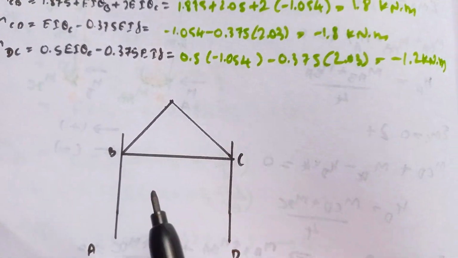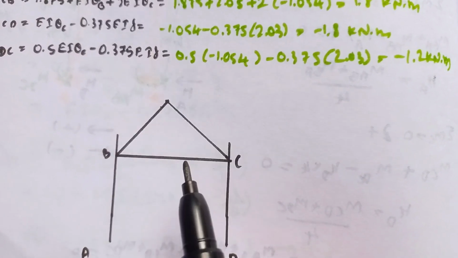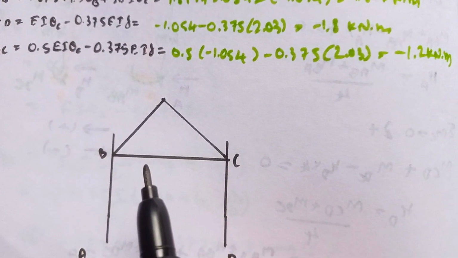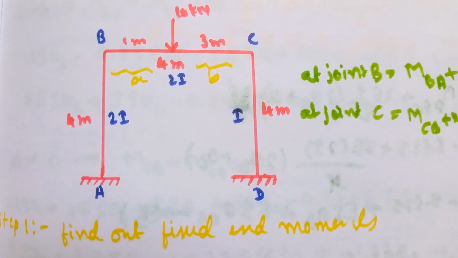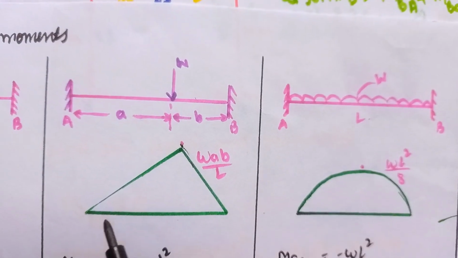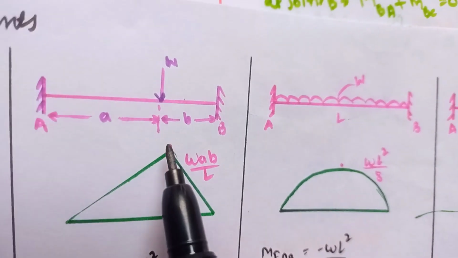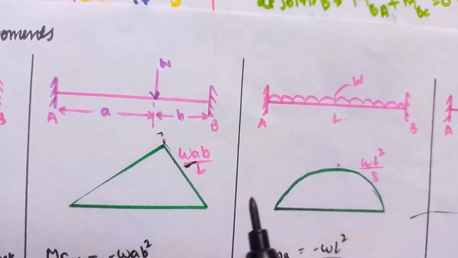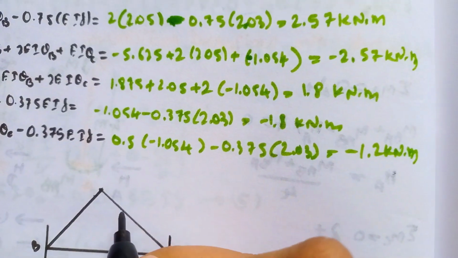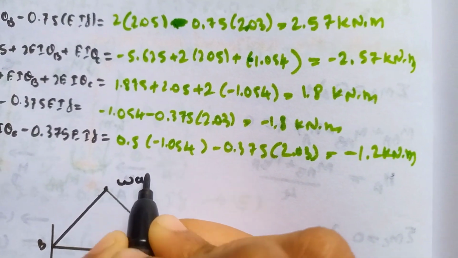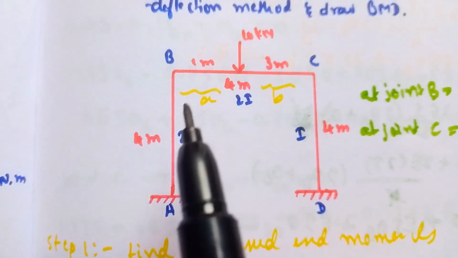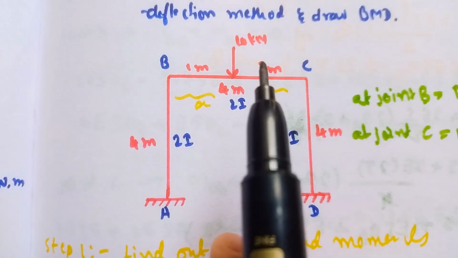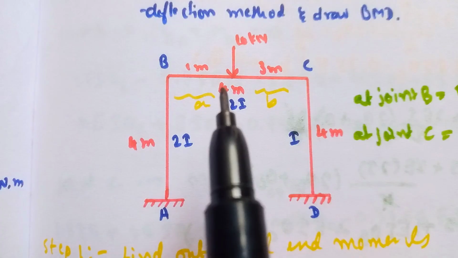So this is our free body diagram of the point load which is not present at the center. This is a 10 kilonewton point load not at the center. To find this maximum height, we have the formula WAB divided by L. Load is 10, A is 1, B is 3, and length from here to here is 4 meters.